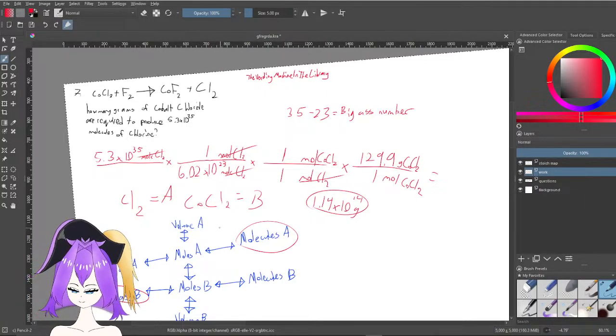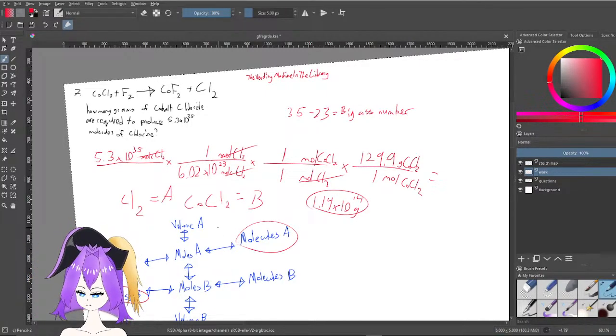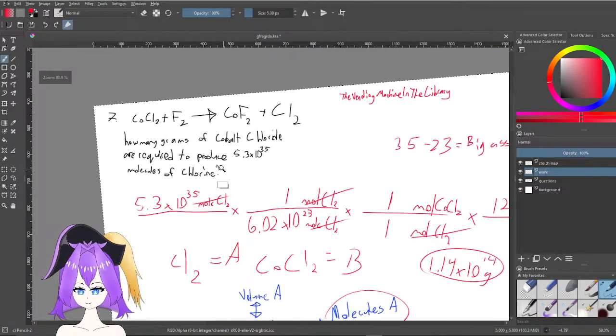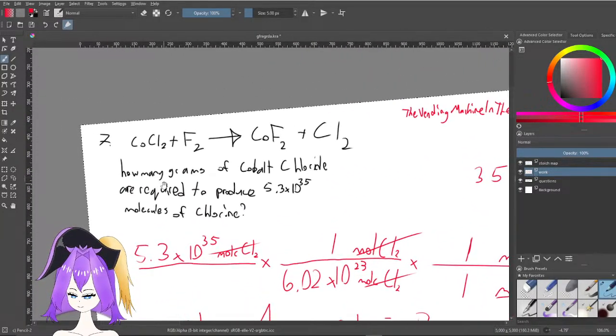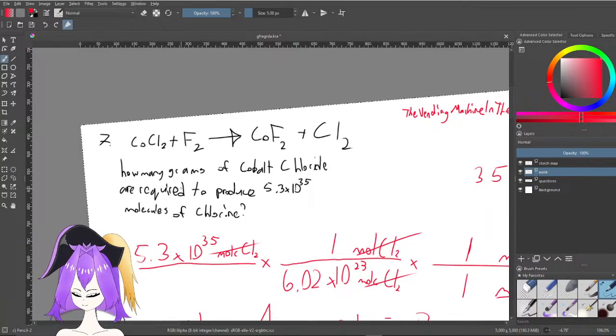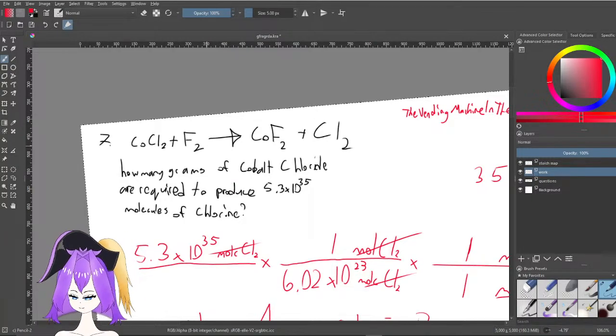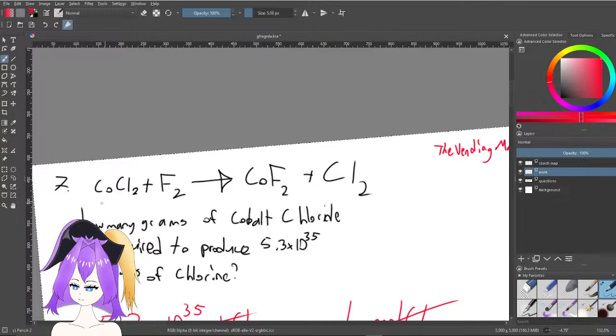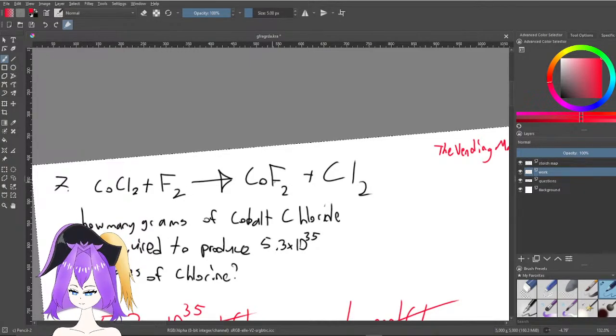I don't think there's anything I've missed, because I copied down the problem correctly. It's like cobalt 2 chloride reacts with fluorine in a single replacement reaction to produce cobalt 2 fluoride and chlorine gas. Right? So it's going to be cobalt chloride plus fluorine turns into cobalt fluoride plus chlorine.